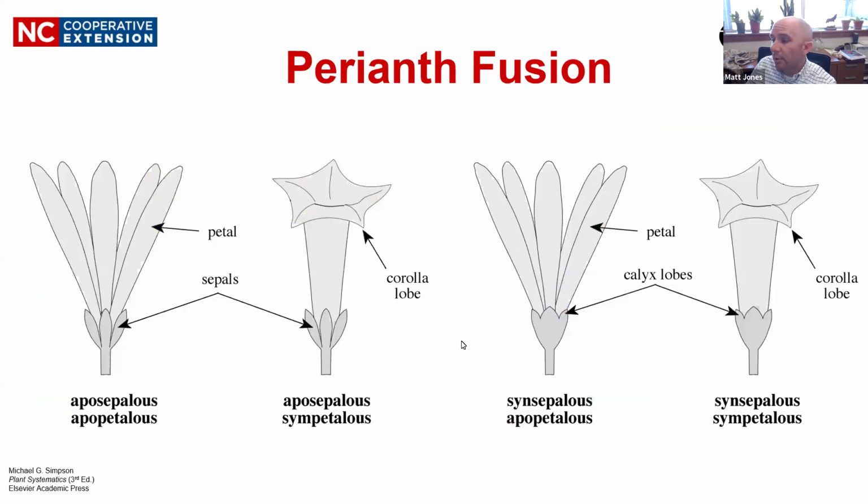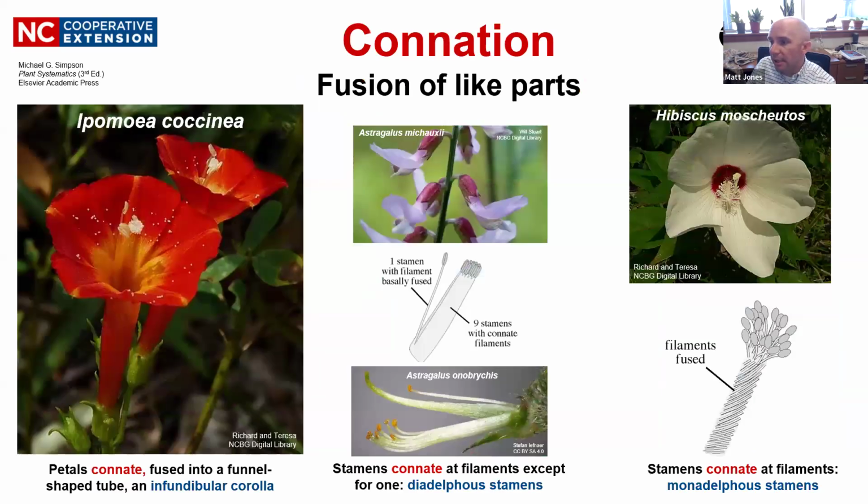But similar terms can apply to the sepals too, and different flowers can have different combinations of these fusions. They might have free sepals but fused petals, or free petals and fused sepals, or fused sepals and petals, or free sepals and petals, etc. And in general, anytime any part of a flower is fused together into one unit, it's said to be connate with itself.